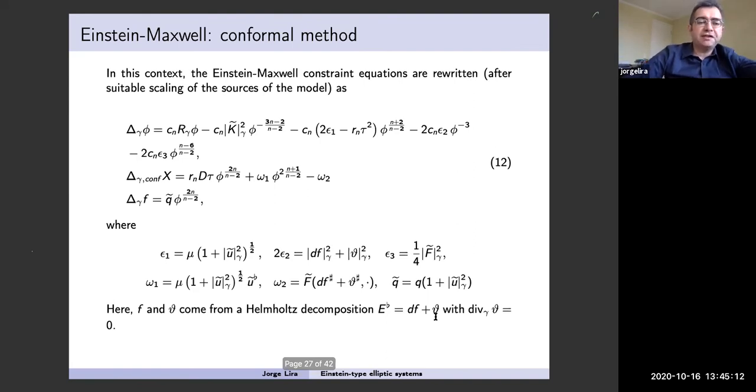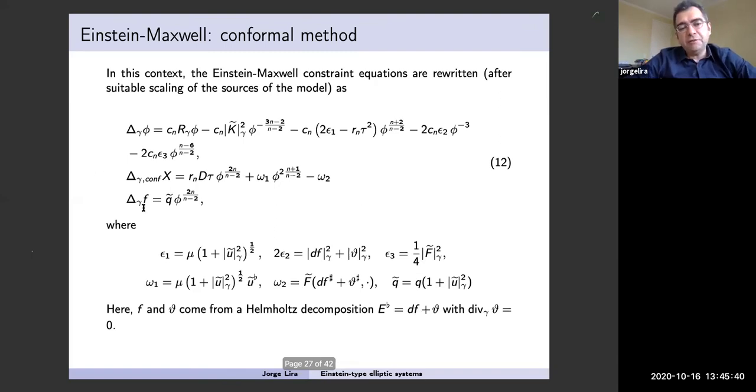The electric field is part of the two-form which gives us the electromagnetic field. So you have F, which is the electromagnetic field. You have the electric part of that, which is a vector field E. And that E is written in terms of some exact and co-exact components. So you have some sort of Hodge-de Rham or Helmholtz decomposition. So that F is the F that appears here.